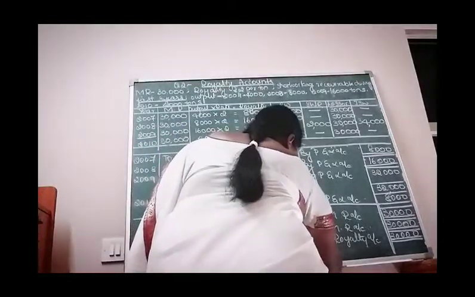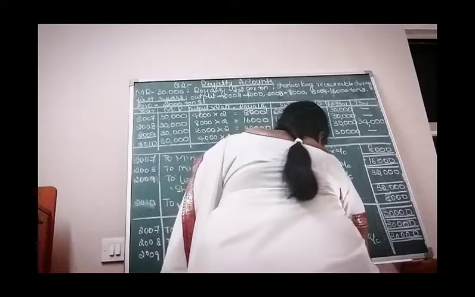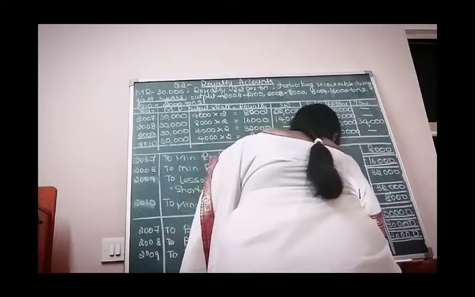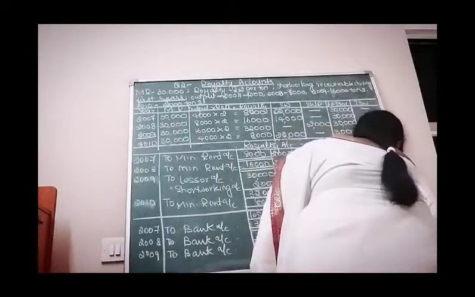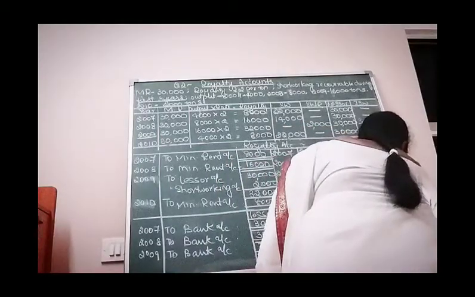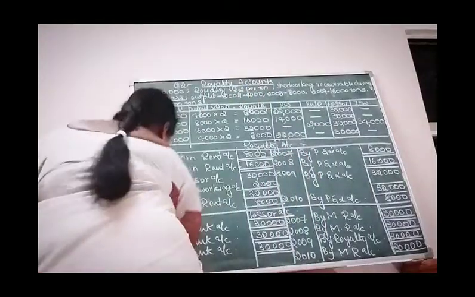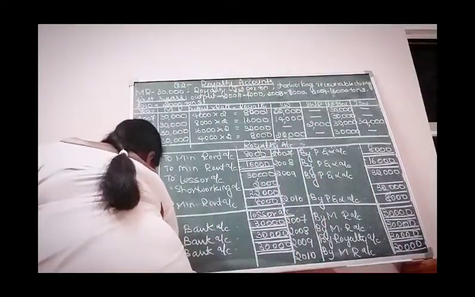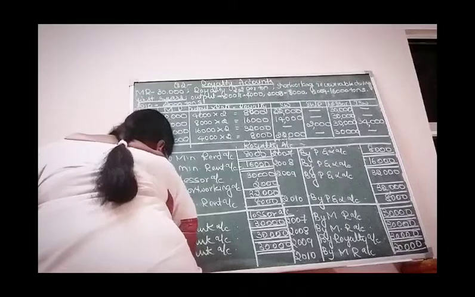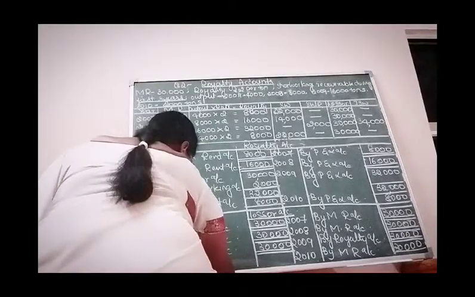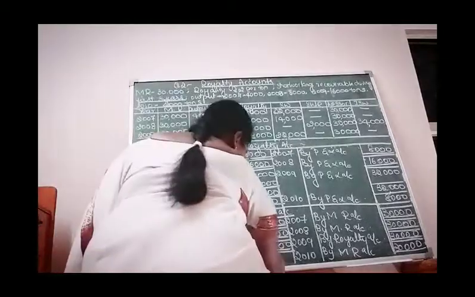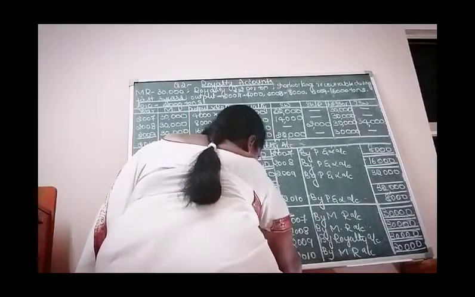Last year 2010 you can write it as by minimum rent account 30,000 is the payment, and to the debit side write for to bank account 30,000.